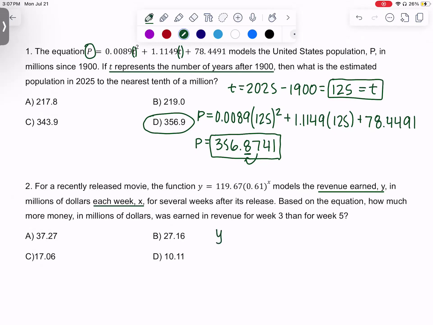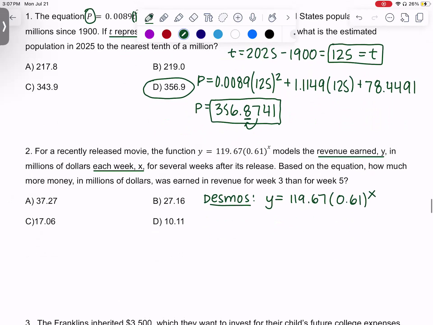So in the third week, I think the fastest way to do this is to type it into Desmos. Type the equation in. We know it's decaying. That B value is 0.61. So only 61% was earned from the previous week. And then make a table with Desmos.